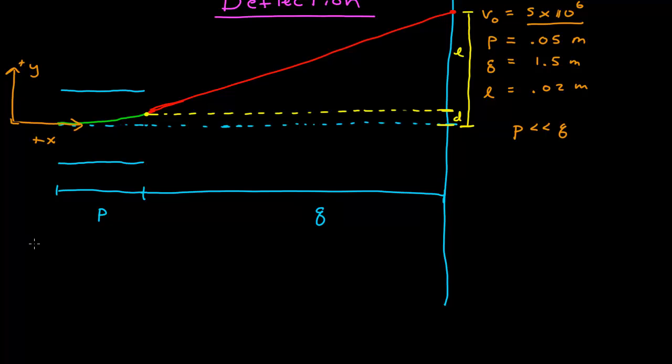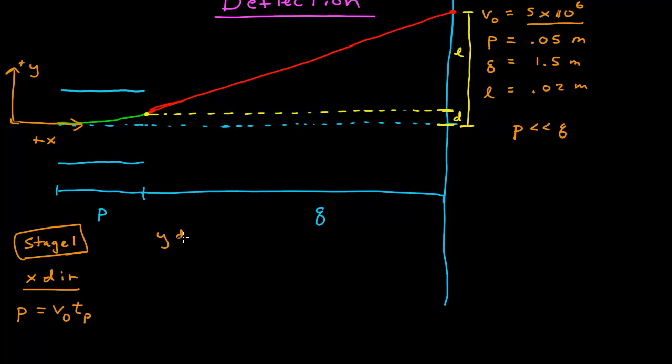So within the plates, stage 1. In the x direction, that's unchanged from last time. It's still uniform motion in the x direction, and so it travels a distance p, which is equal to its x component of the velocity, which is v naught, times the time that it stays within the plates.